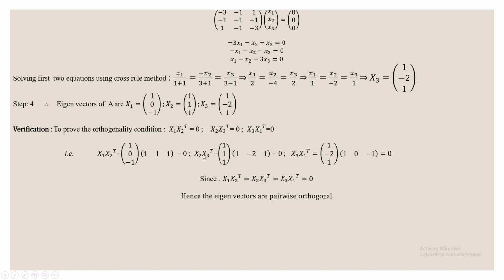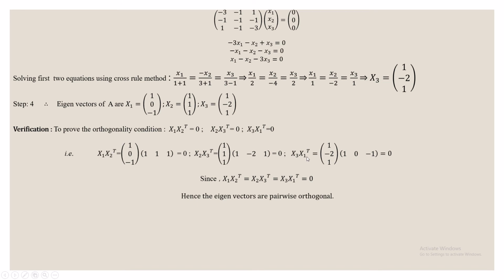And then move on to the second condition. With the help of the second eigenvector X2 and the transpose of the third eigenvector X3, we have to take the product. X2 you write as it is, and X3 is column-wise, so take the transpose and it will become a row matrix. One column and one row, you multiply and add. Again you get 0.